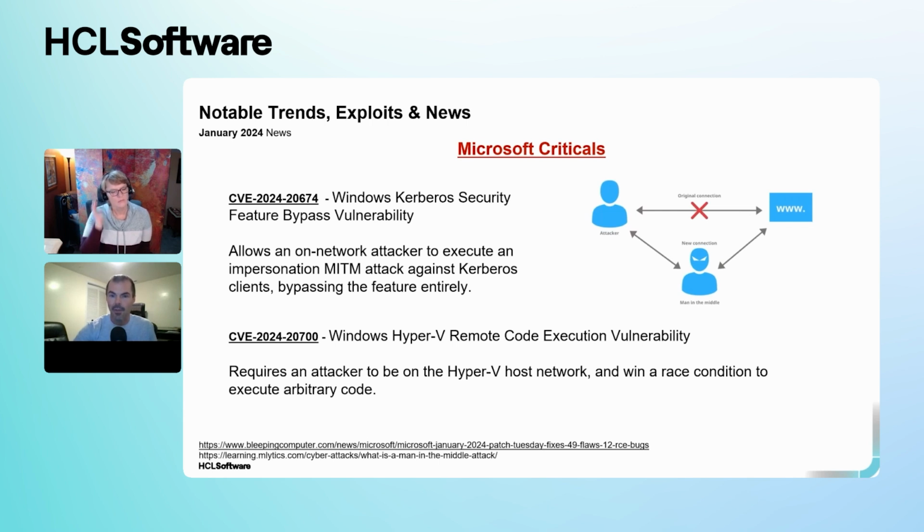Your hosts probably are fairly closed off, so the attack surface is low to begin with. And then the attacker also has to win a race condition against that server. So there's the additional bar to clear there. But it does allow arbitrary remote code execution. So the Hyper-V update in particular is pretty high priority this month. All right.